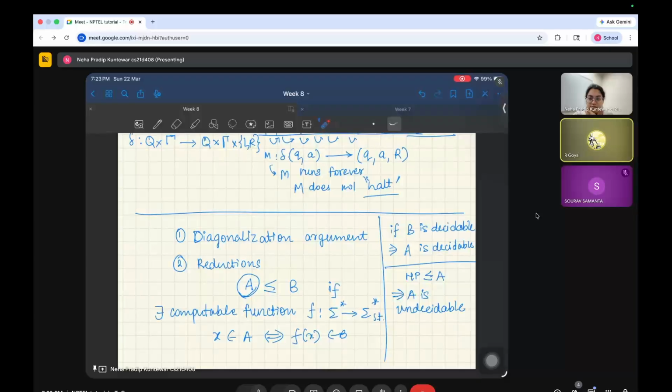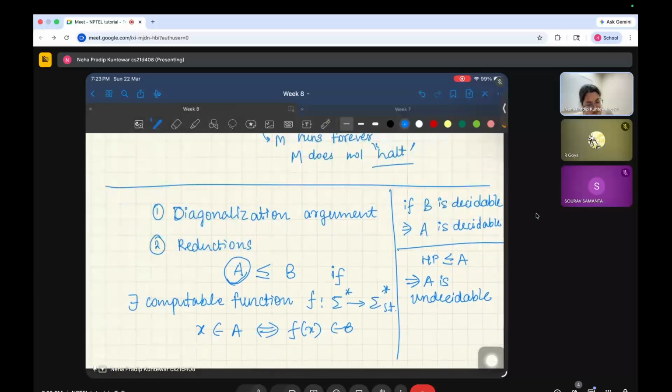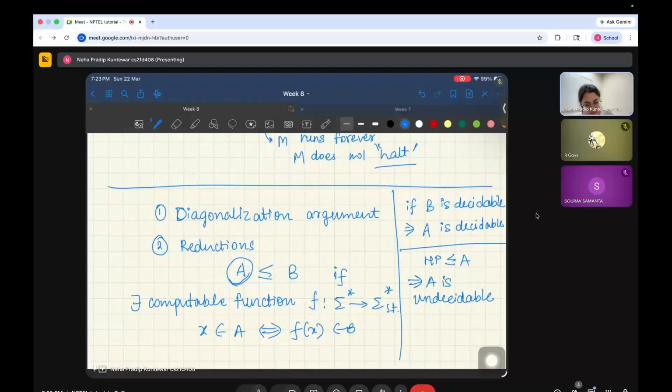So are there functions which are not computable? Okay.